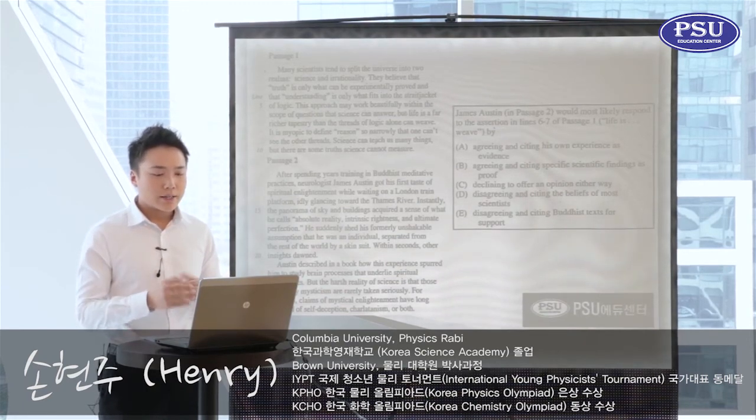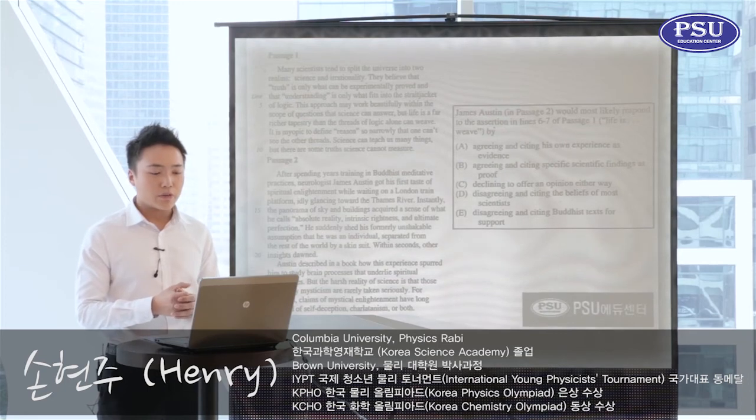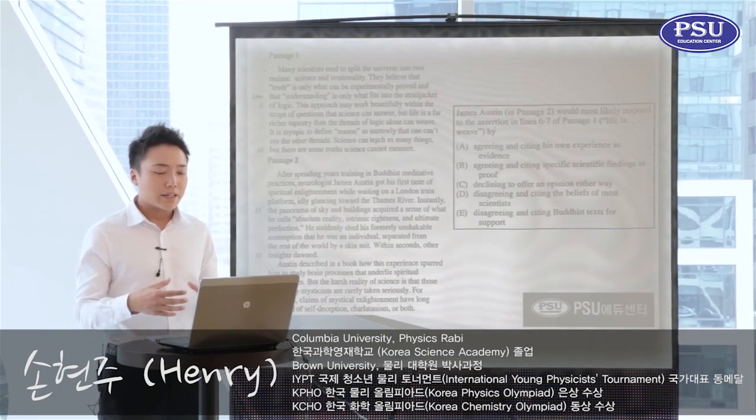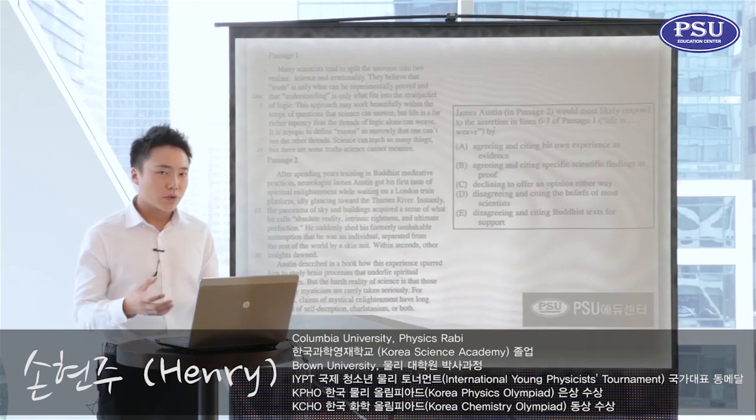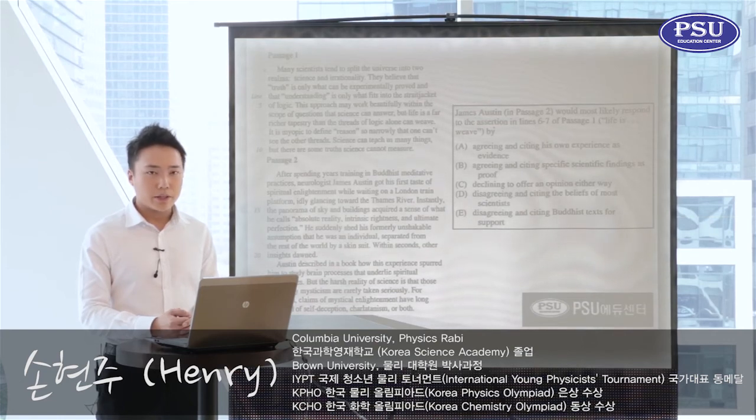So his own experiences will be his evidence. He will actually be opposed to providing specific scientific findings as proof because he believes that some truths are obtained without scientific evidence. Okay? Therefore, A will be the closer answer, thus A will be the answer.